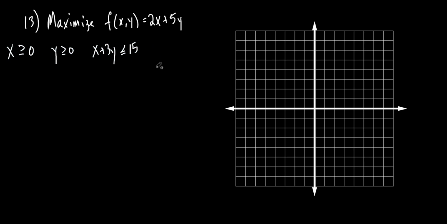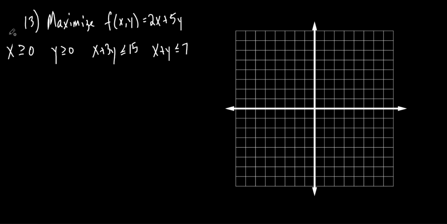And then one more: x plus y is less than or equal to 7. These are all or equals, so we're good with solid lines. I am not going to color code them; we'll do them all in the same color.